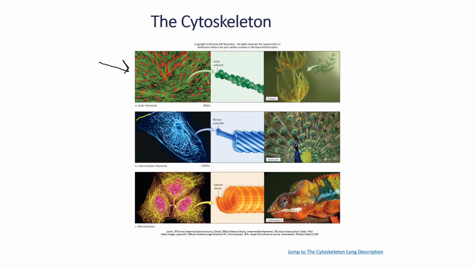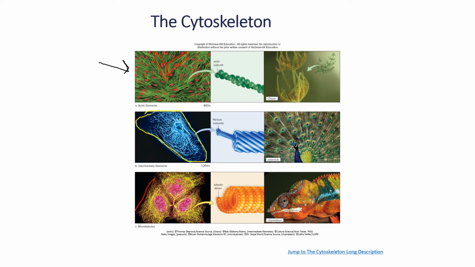This is one cell with an intermediate filament. The most common one is keratin, and keratin is what makes your skin strong as a barrier.